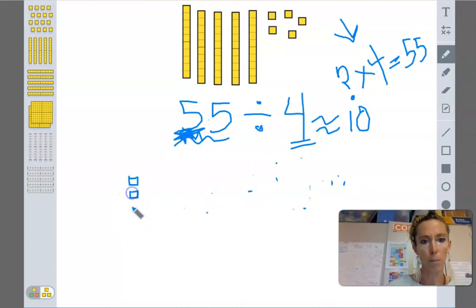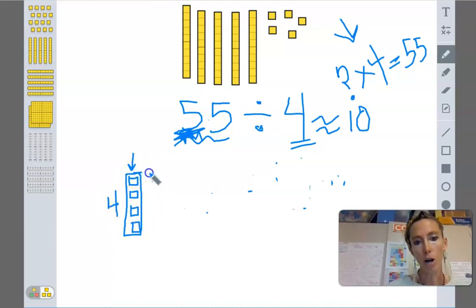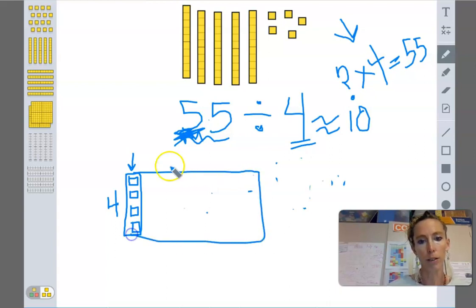If I pretend these are pieces of candy, I got 1 day right here. 4 pieces of candy, 1 day. But I have 55 pieces to use. So here's my group of 4. How many groups of 4 am I gonna be able to make? Right? And we're thinking it's gonna be close to 10.